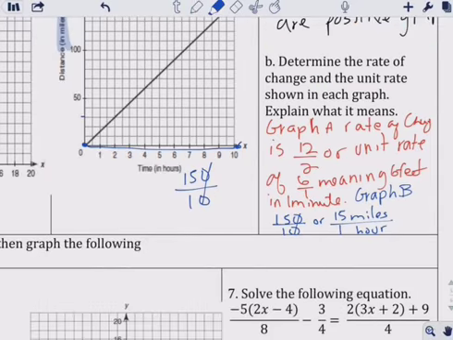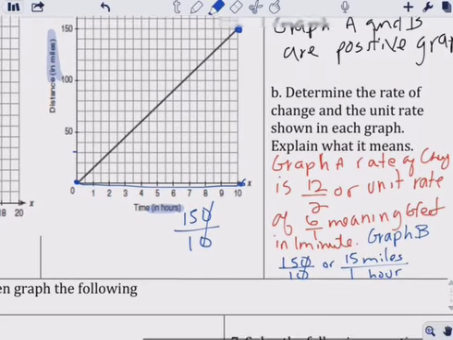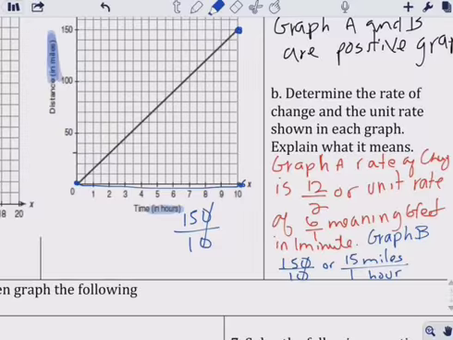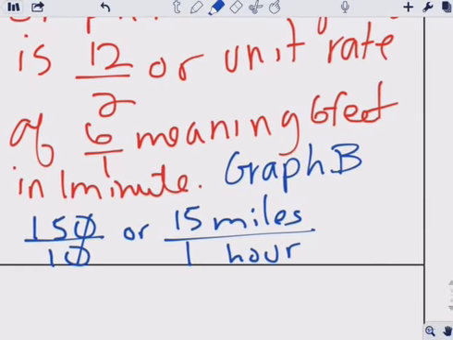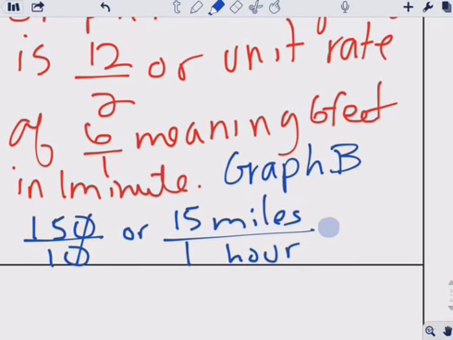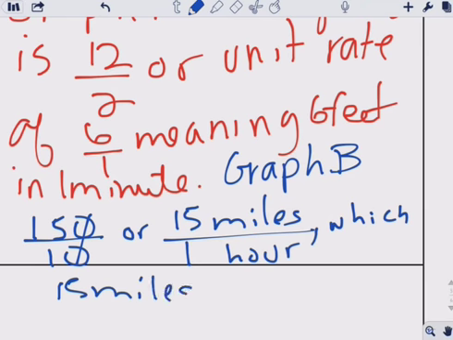This is hours here, and this says miles there. So 15 miles in 1 hour. That's what it means. Need to put that, which means 15 miles in 1 hour.